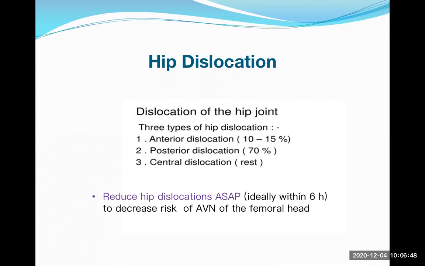Because the vascularity of the femoral head may be compromised if we reduce it later than 6 hours. So that's why dislocations are considered an orthopedic emergency. Just like management of a compound or open fracture, dislocations should also be attended to quickly or immediately.